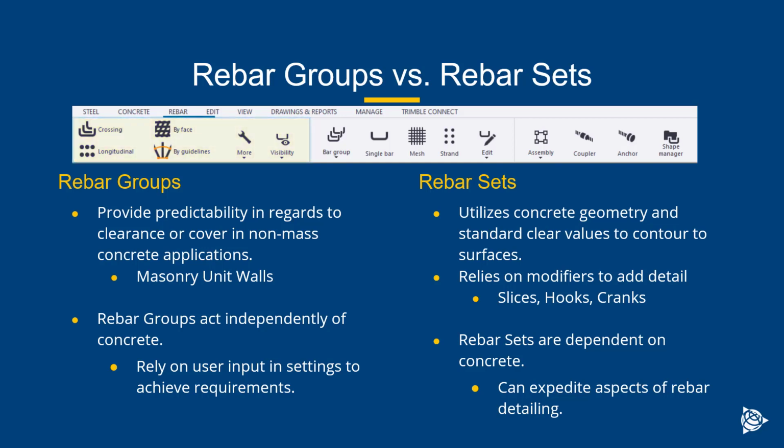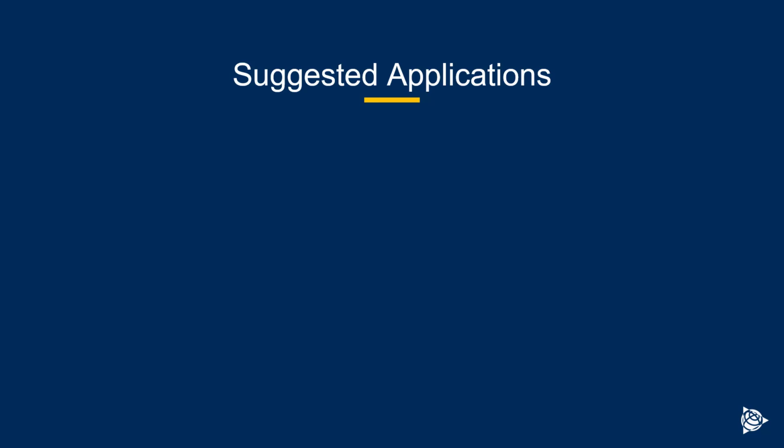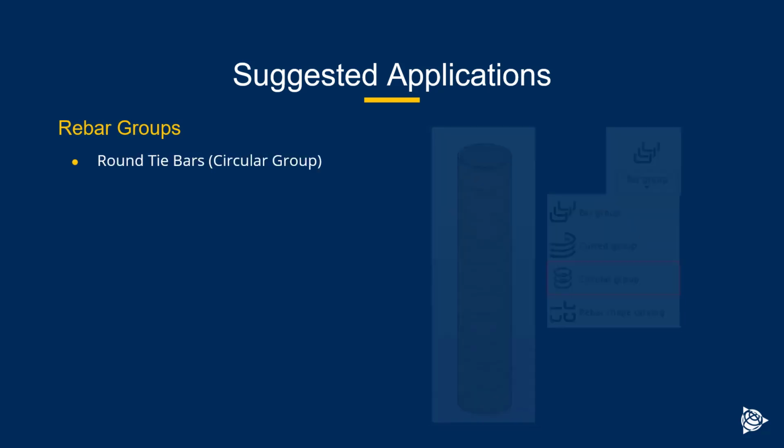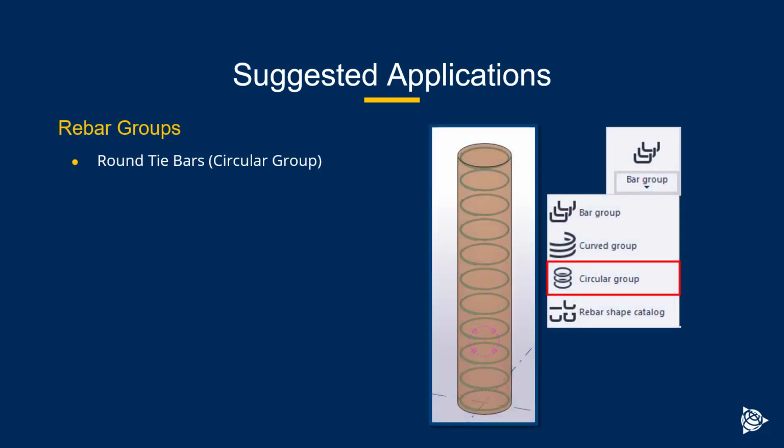Now, I think a natural question that extends from talking about groups versus sets is, where should I use them? And I have a few suggested applications, but by all means, this is not a complete list. The first for rebar groups would be circular group. It is really a great tool, so if you need to achieve this, this is where you want to do it.